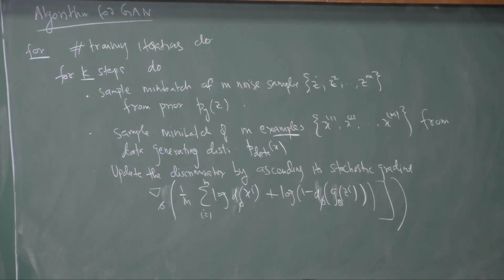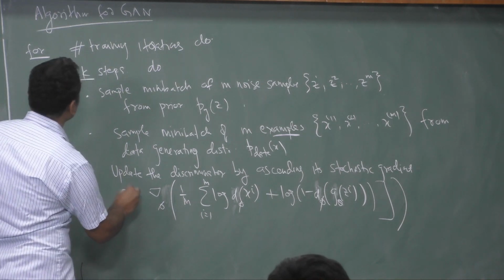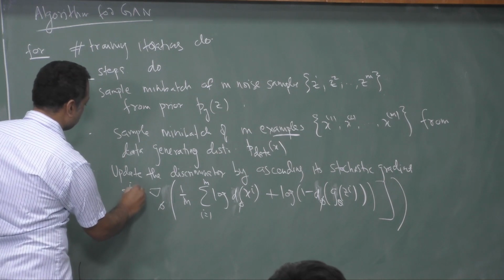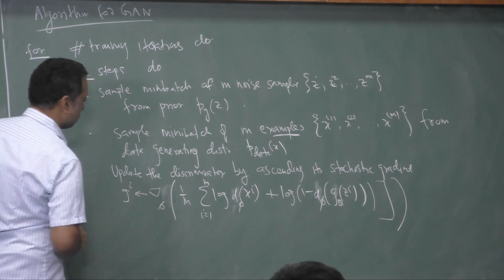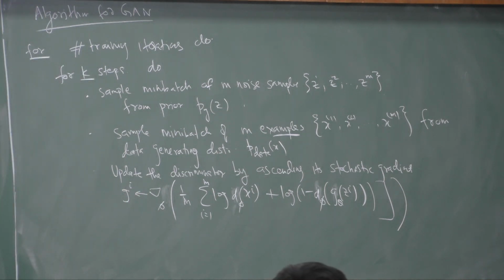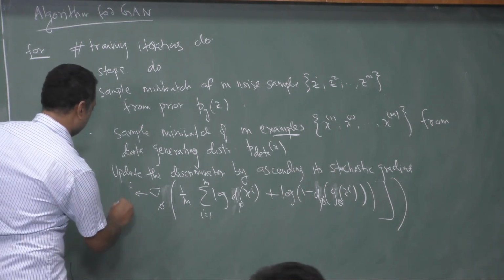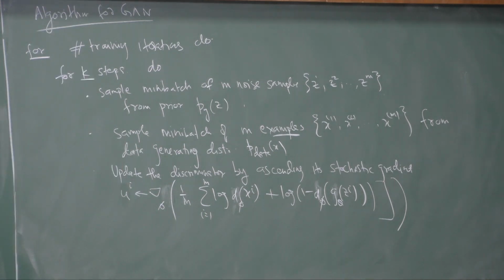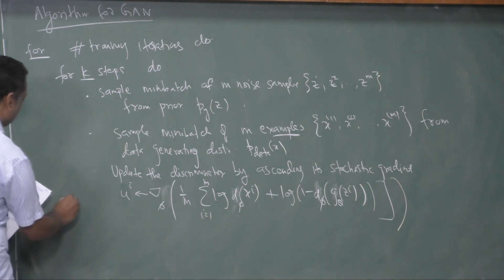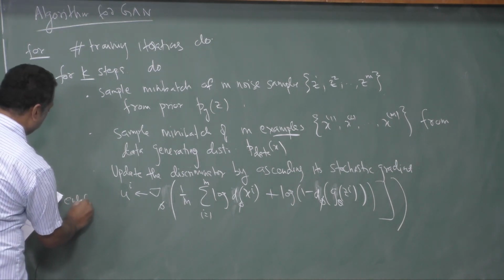So let us say it's the ith loop, so g_i might conflict with this, so let us say this is u_i. I will use this gradient to update the current state of weights, and then this is the end for.